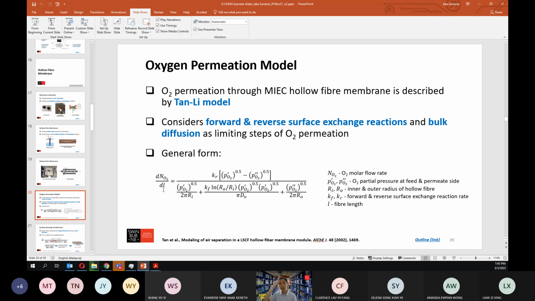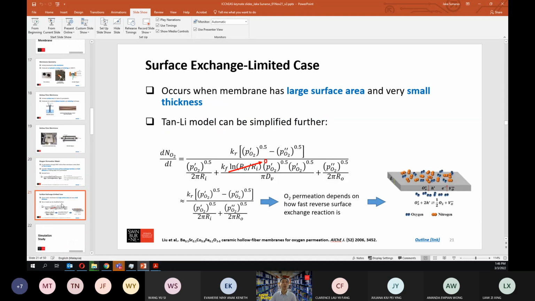It is a function of the oxygen partial pressure in the feed side, and a function of the oxygen partial pressure in the permeate side. We can simplify this model further if we assume that the membrane has a large surface area and very small thickness, such that the surface exchange reaction dominates the transport process. Then the equations will become these equations in here.